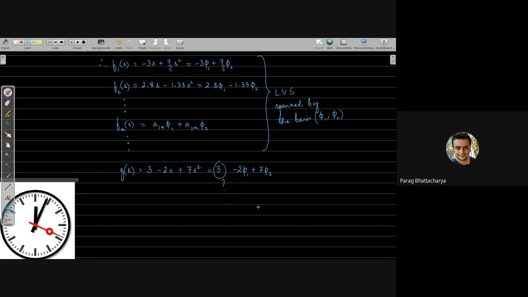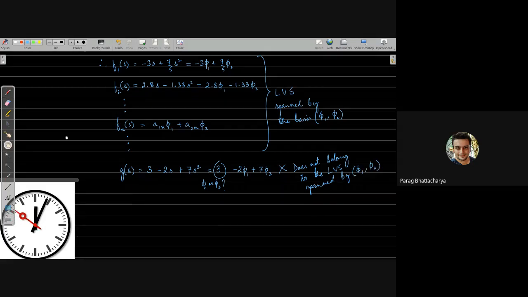This additional term cannot be written in terms of either phi1 or phi2. So this one does not belong to the linear vector space spanned by phi1, phi2.